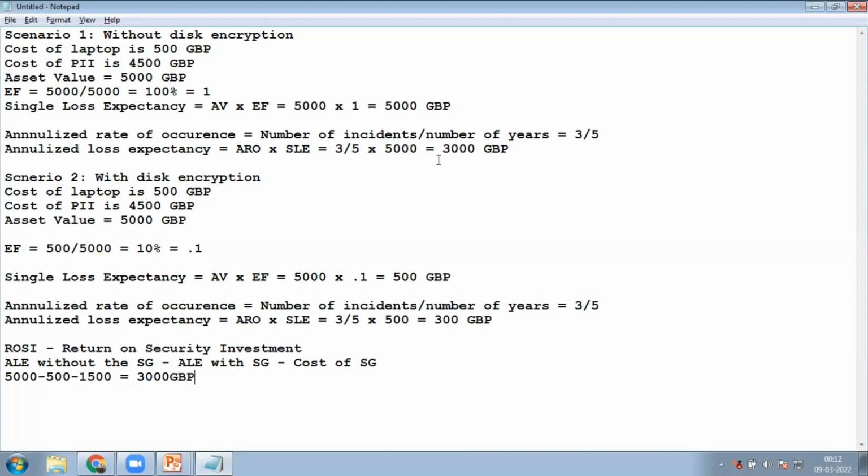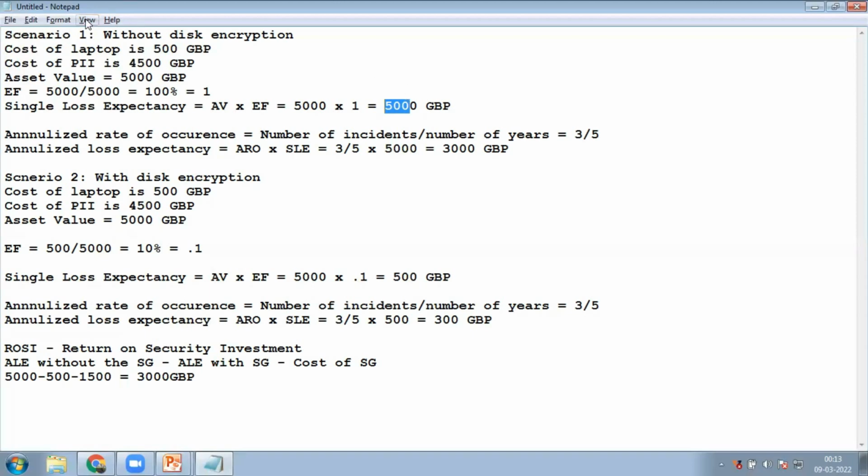Ideally what we do is we calculate this particular value, 5,000 British pounds, and our investment in the safeguard should not be more than 5,000. If it's more than 5,000, it would mean that I'm investing 6,000 pounds to secure an asset which is worth less than that. It doesn't make sense to me, right?